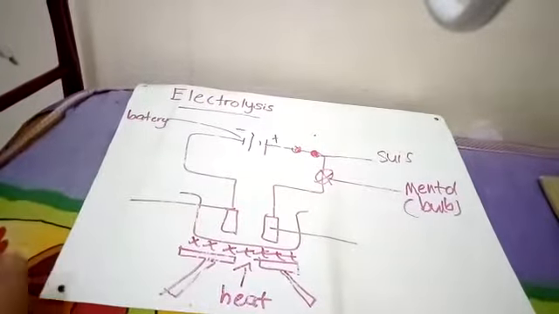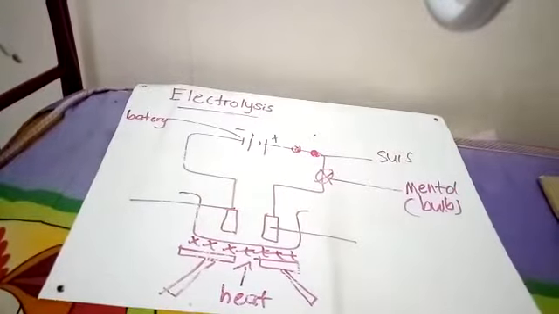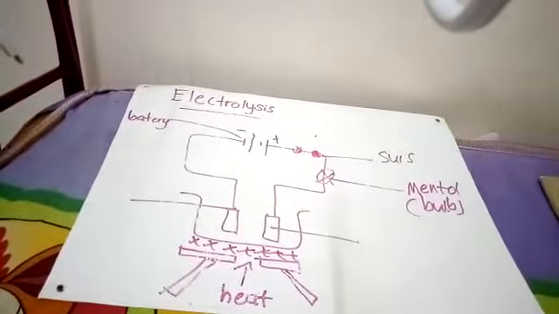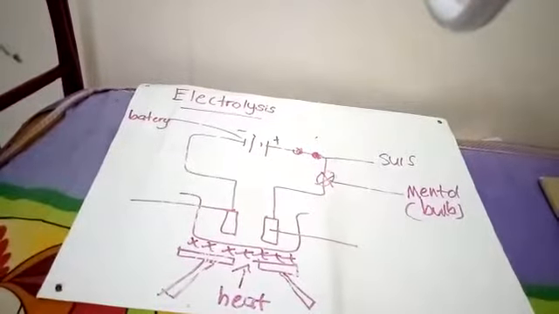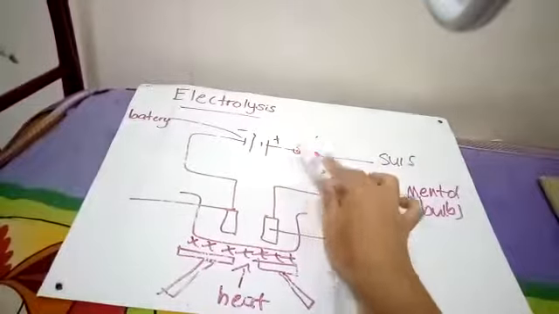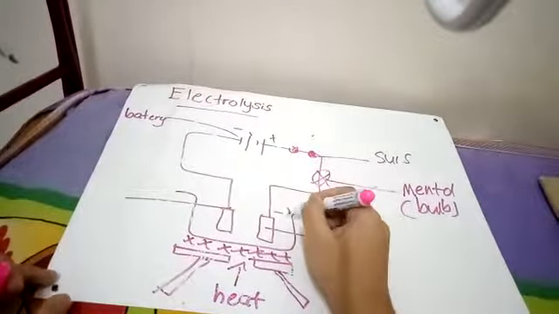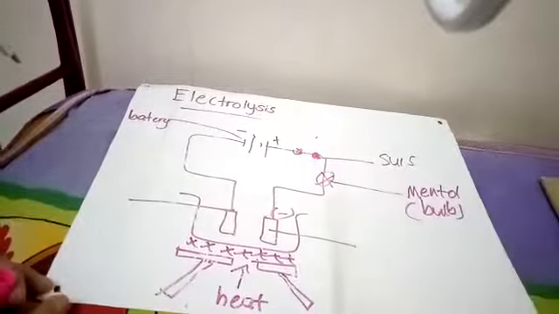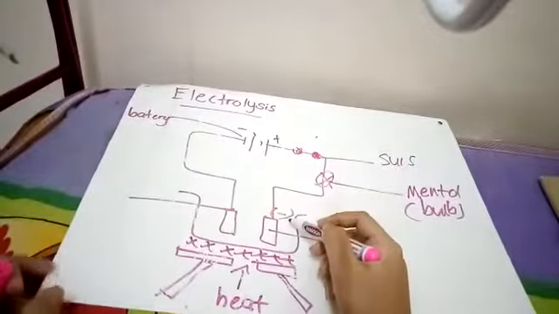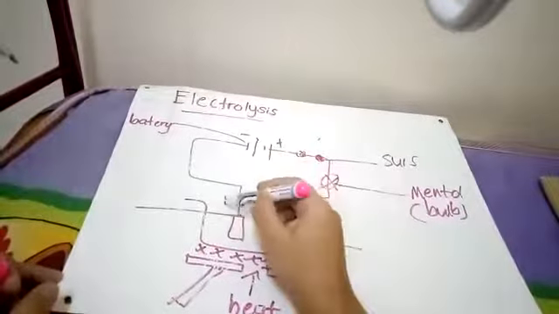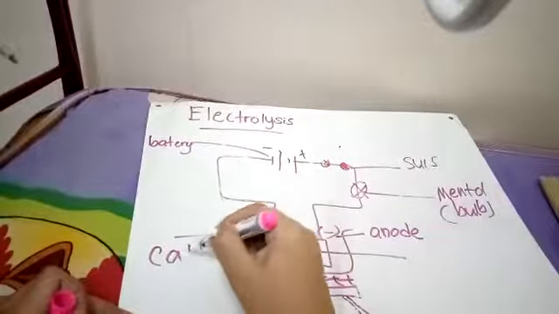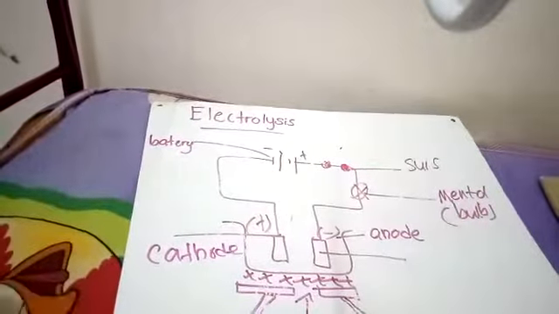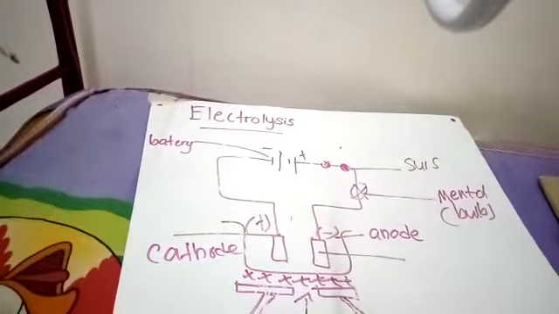You must remember that in electrolysis, if the battery has positive and negative terminals, the electrode must be opposite. Meaning opposite terminal. For example, here is the positive terminal, then here must be negative. If here is negative, then the terminal here must be positive. Remember that only: it must be opposite. Accordingly, here is the anode, and here is the cathode. In electrolysis the terminals must differ.